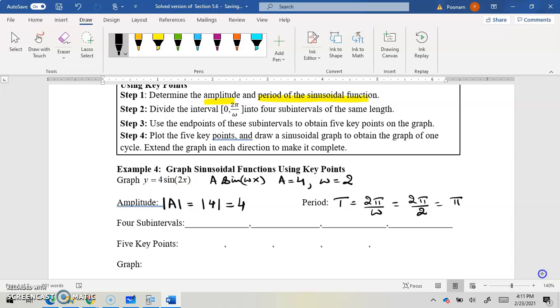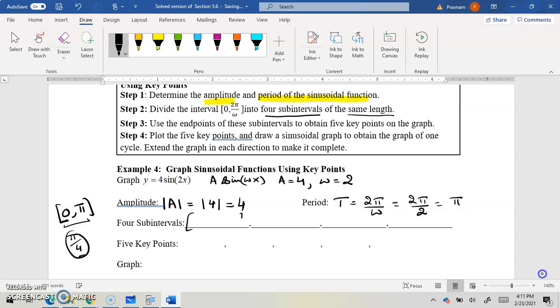Now, divide the interval 0 to time period. That means divide this interval into 4 subintervals of the same length. So this total length is pi. If you divide it into 4 portions, each would be of length pi by 4.